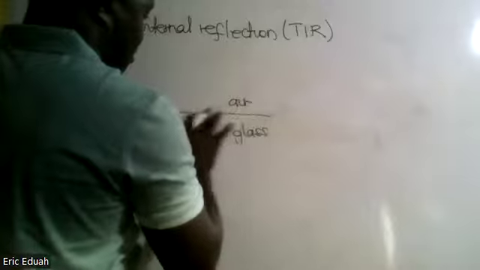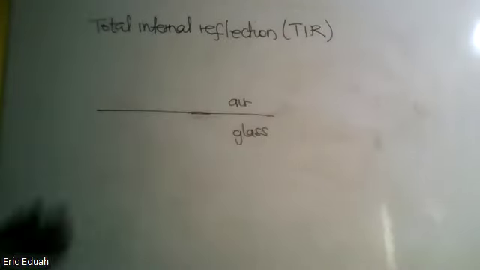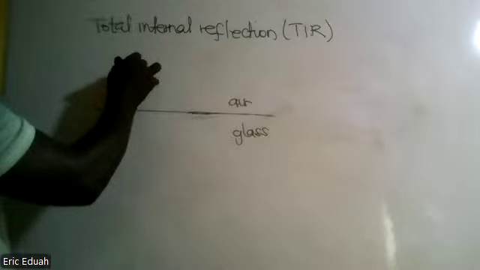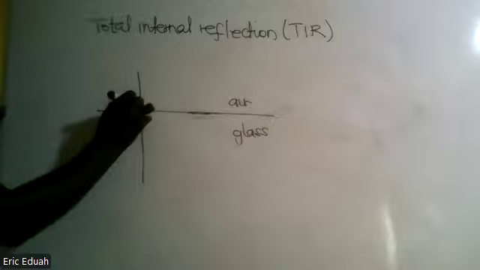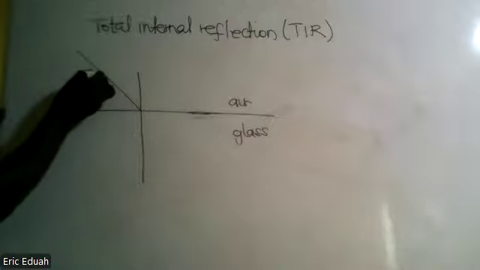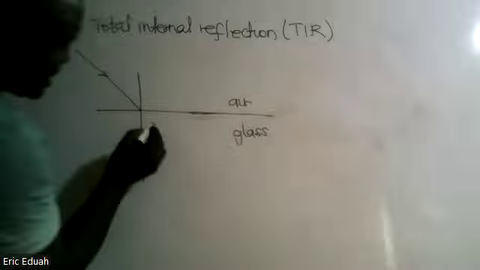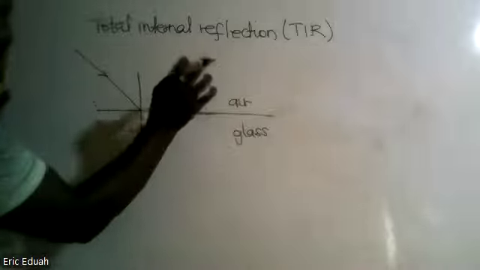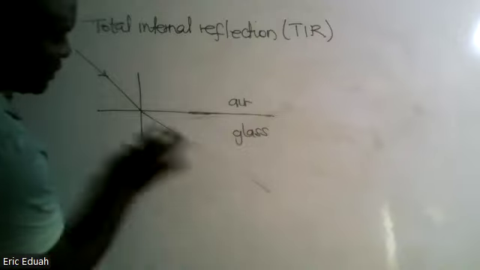Whenever light moves from a less dense medium into a dense medium, there's the normal. There's the incident ray. Once light is moving from less dense to a dense medium, it will deviate away from the normal.